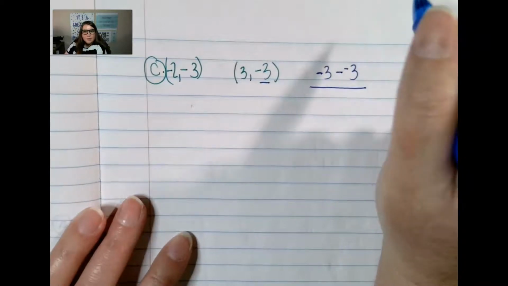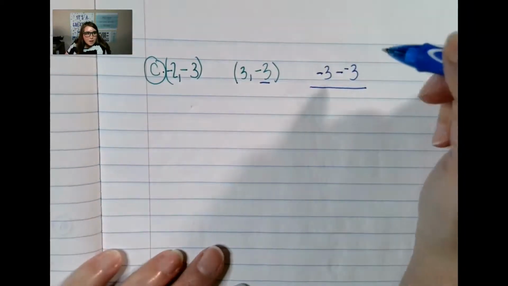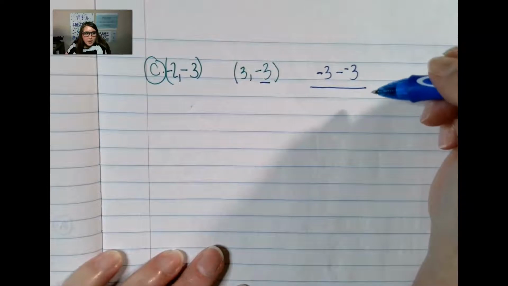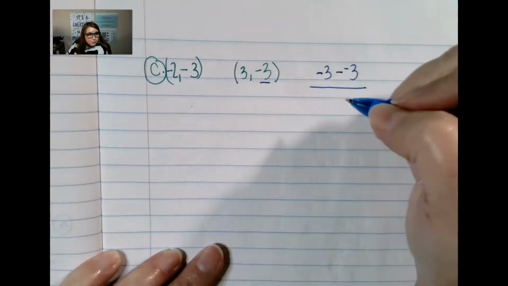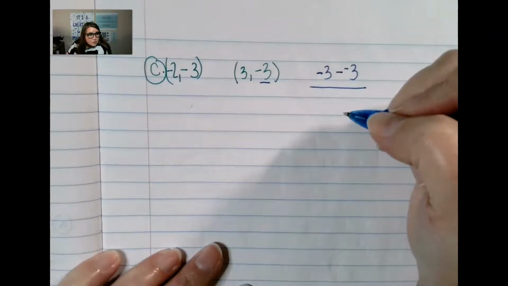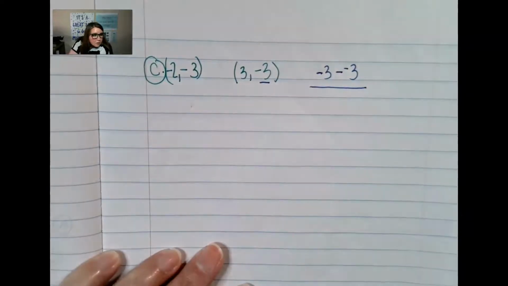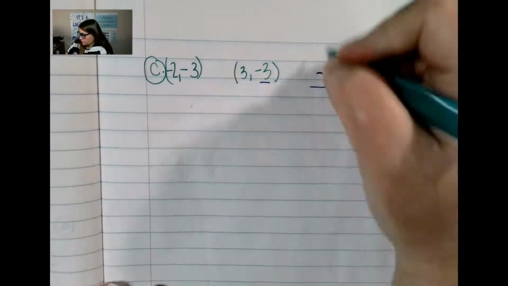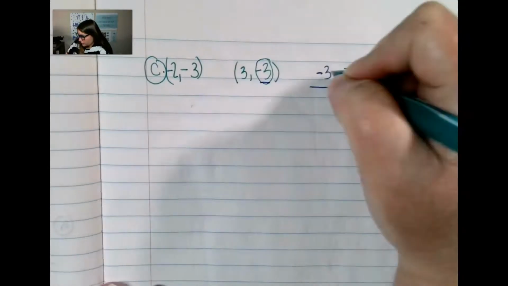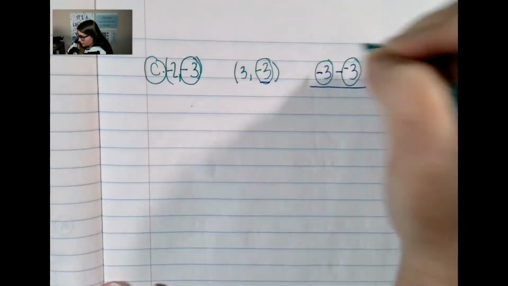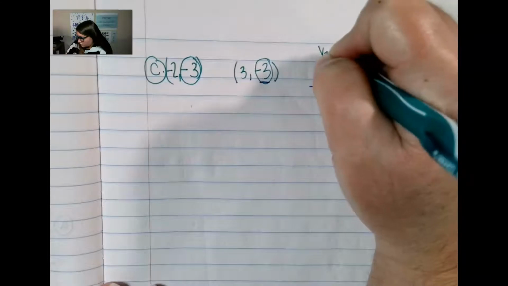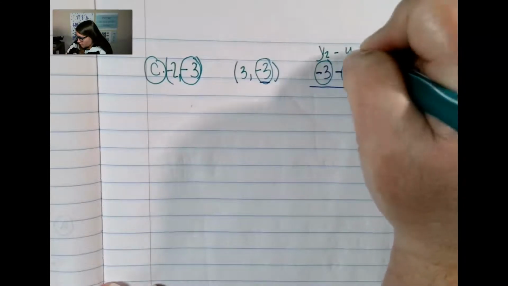And then on the bottom, we're going to do the x and the x. So here's y2 minus y1.